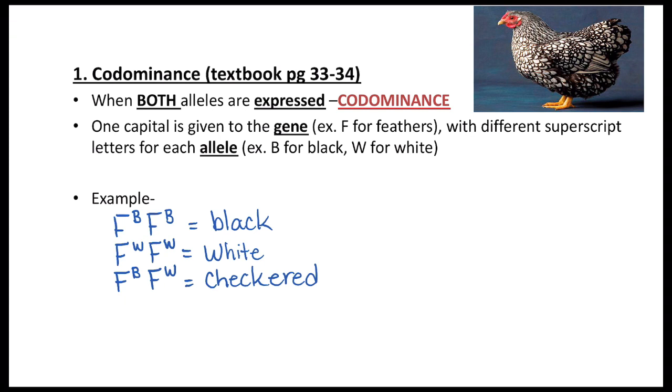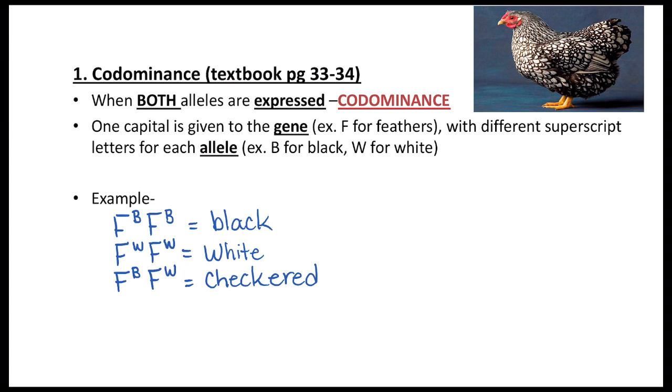So 2 copies of the black allele means that you would have black feathers. 2 copies of the white allele means you would have white feathers. And if you have 1 copy of each allele, so F^B F^W, you end up with what is called checkered pattern. So this shows as spotted, speckled, depending on the species, but essentially you're seeing both colors present.